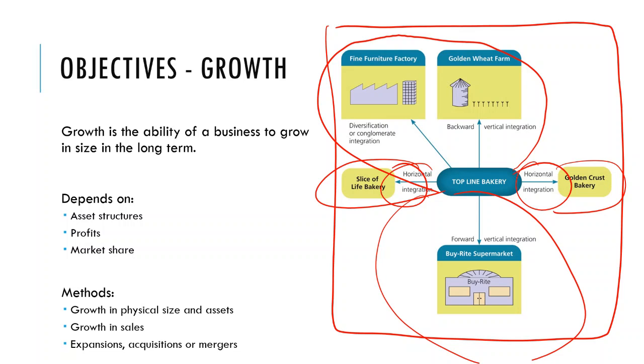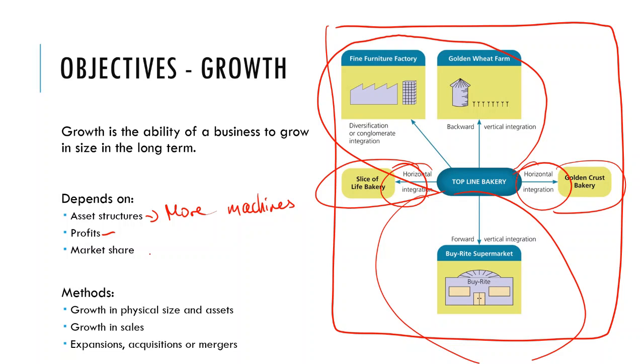Now, this growth has many different factors behind it. We can look at growing the business in terms of our value, our sales, our profits, our asset structures. I might have more machinery in my business now, more machines, so I can operate more efficiently.